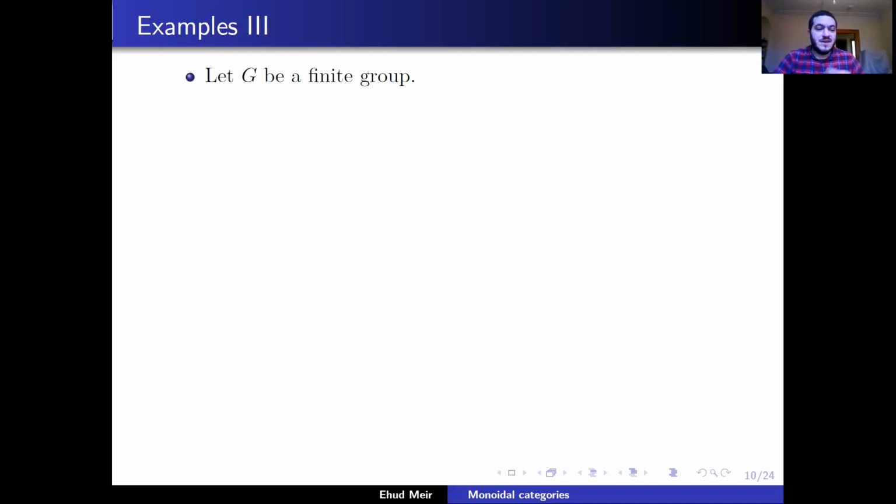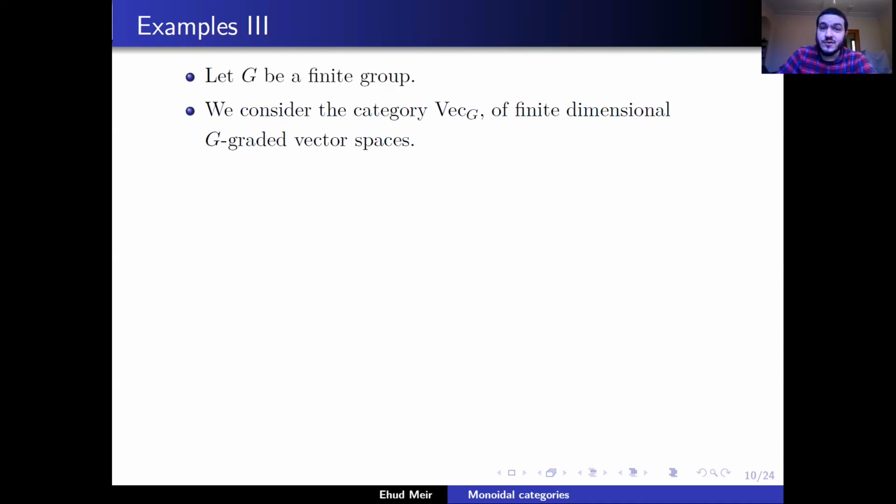Okay, let's see another flavor of example of how we can construct such categories. So let's say that G is a finite group, and we can consider the category Vec G of finite dimensional G-graded vector spaces. So how does this look? Objects are G-graded vector spaces.